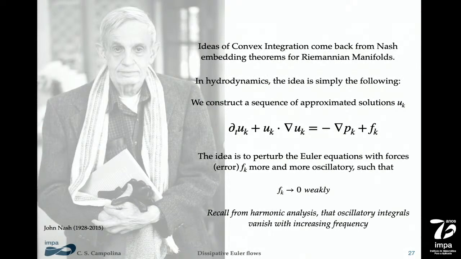We perform a sequence of solutions which are forced by something more and more oscillatory and which converges to zero. You are putting forces into the system, but you know that those forces are going to vanish in the topology you are working with. So it's in a weak topology, it's going to zero.